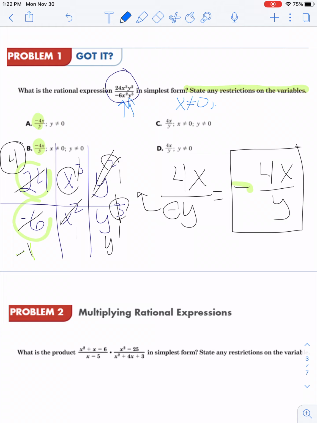And also notice there's a y down there, and y can also not equal 0. So I guess we're going to have to choose B. There are my restrictions. So it's the simplified form along with those restrictions.